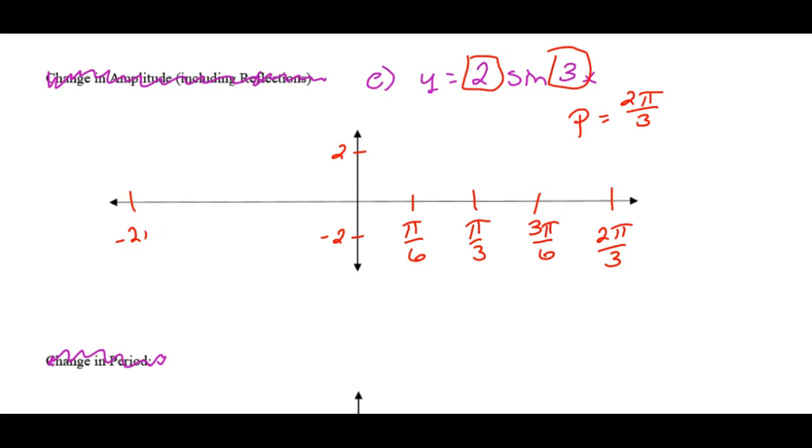We'll just call it negative 2 pi over 3. The middle here would be negative pi over 3. And then here we have negative 3 pi over 6, which is negative pi over 2, really. Pi over 2. And pi over 6.